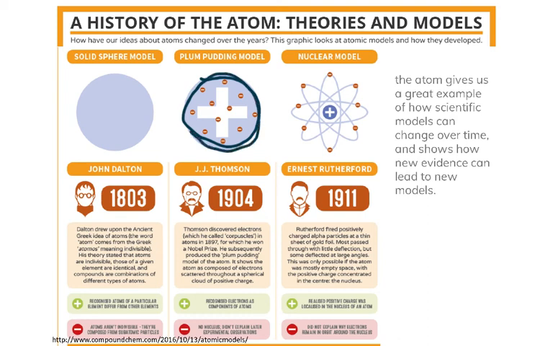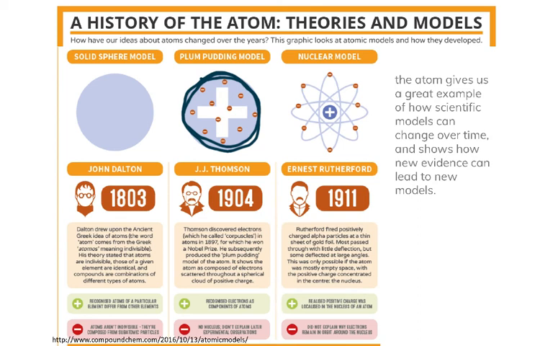Because if they're shooting positive charges at a large spherical cloud of positive charge, then there would be interactions and the positive charges would be bounced away or deflected. What happened was most passed through with little deflection, straight through, and some deflected at large angles.